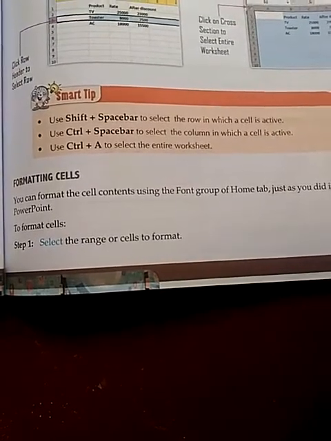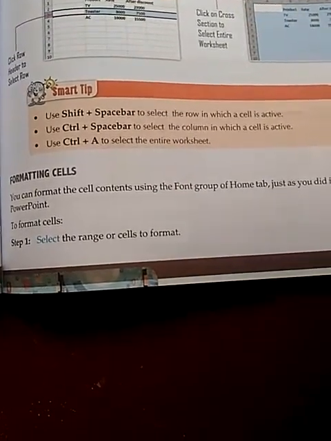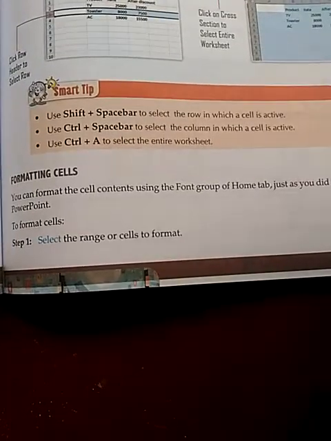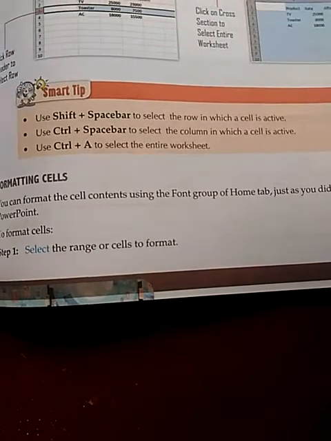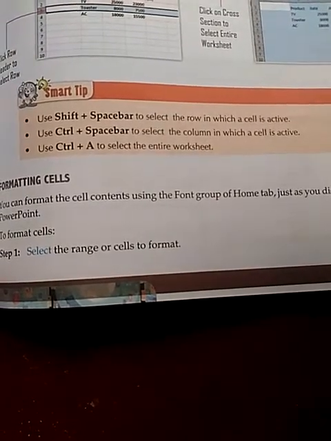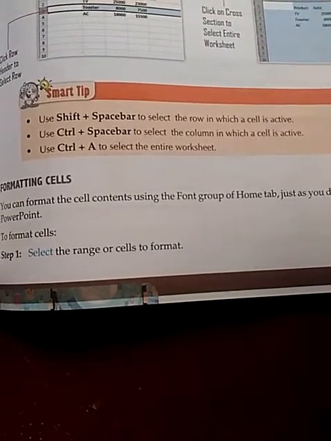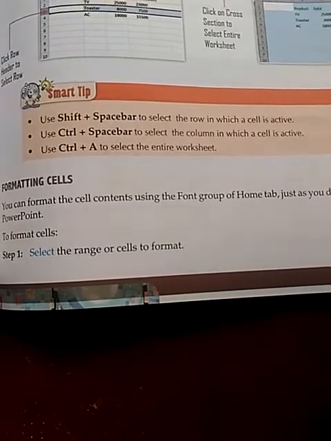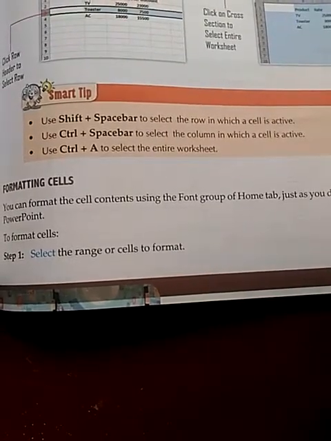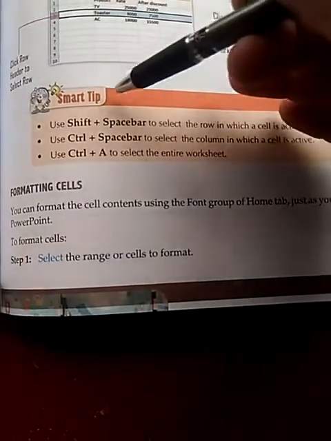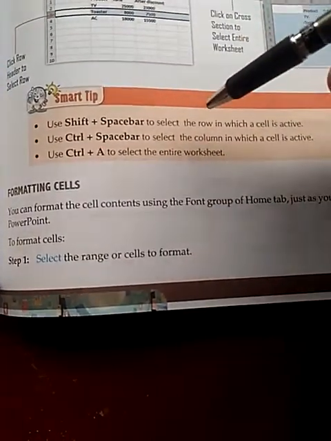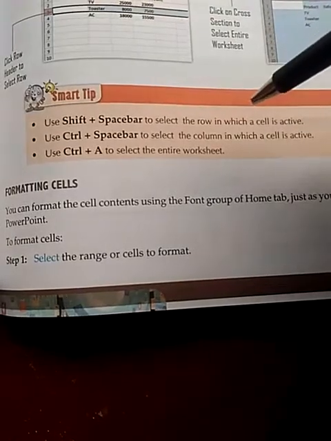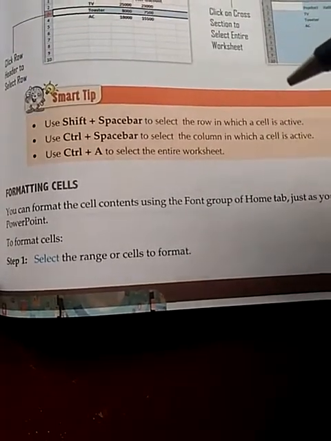If you want to select an entire row, the shortcut key is Shift plus spacebar. It will select the entire row in which the cursor is present.